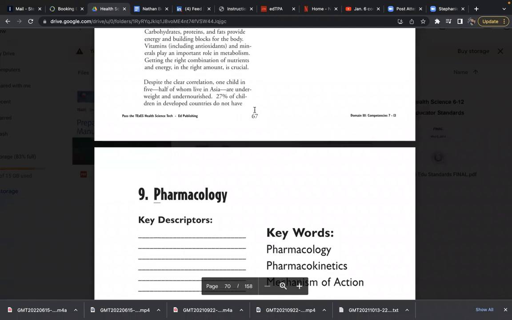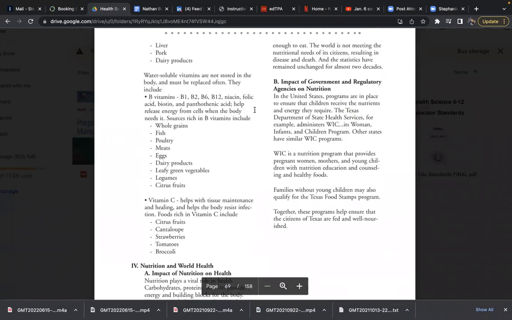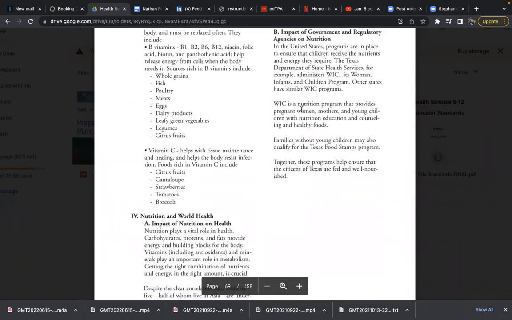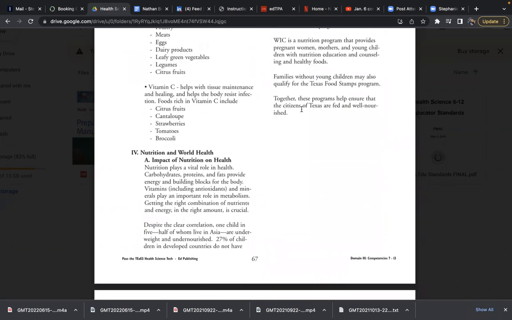27% of children in developed countries do not eat enough. That is ridiculous. That is 27% in a developed country.